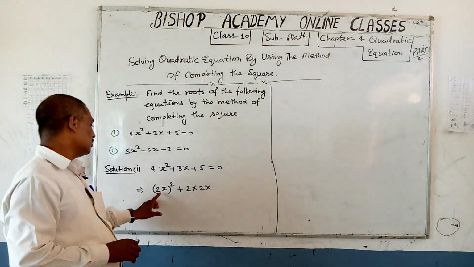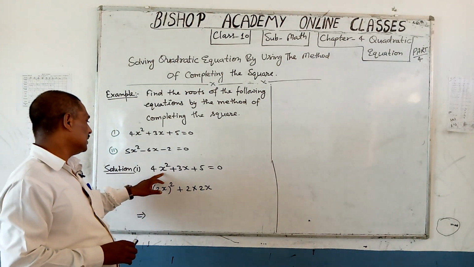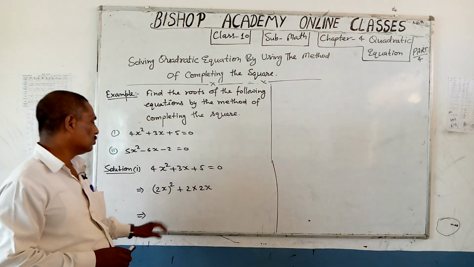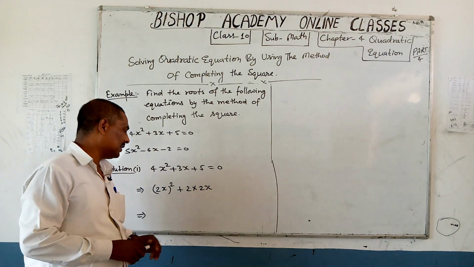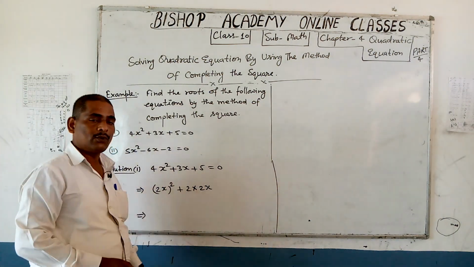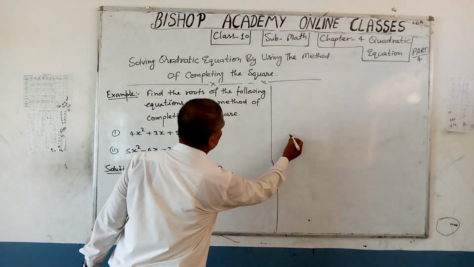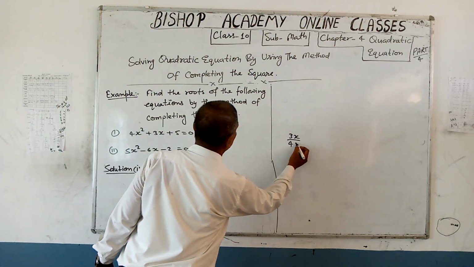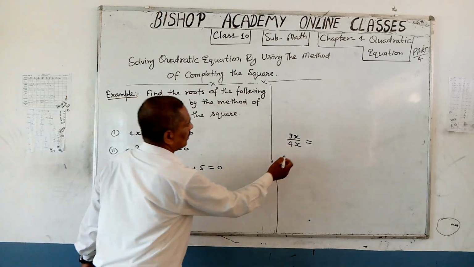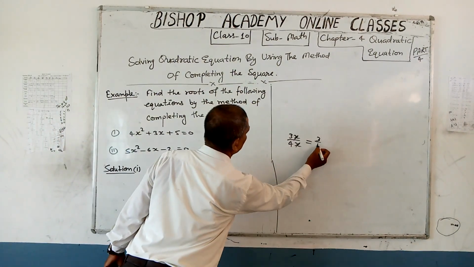What is 2x? 2x whose square is equal to 4x square. So you write here 2 multiply 2x in the place of 3x, and this product 4x will divide 3x. On the rough, divide 3x by 4x, your quotient is 3 upon 4.